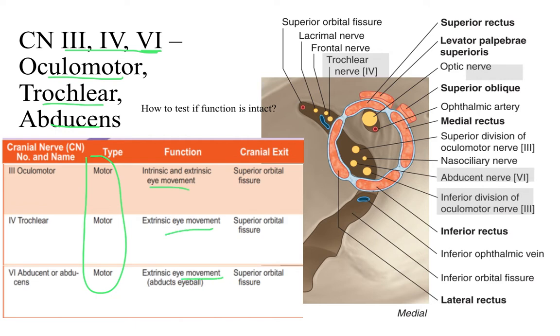Specifically, the oculomotor is involved in intrinsic eye movement, which is movement of the actual eyeball, as well as extrinsic eye movement, which is movement of your eyelid, for example. The trochlear nerve is only responsible for one particular extrinsic eye movement, and the abducens nerve is only responsible for one particular extrinsic eye movement as well, abducting the eyeball.